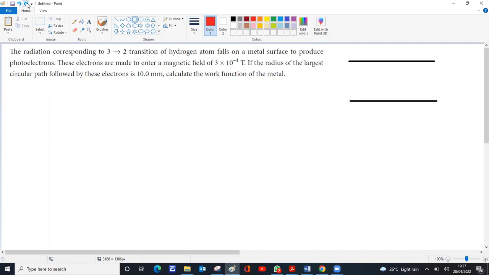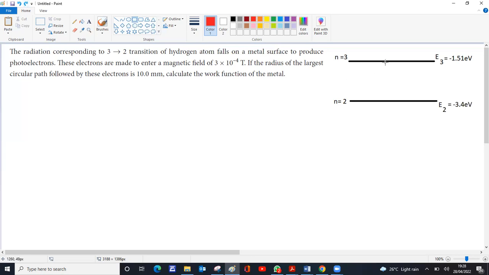This is level 3 and level 2, n equal to 3 and n equal to 2. The energy values are based on the hydrogen atom. En is minus 13.6 electron volt by n square. So E3 will be minus 13.6 by 9, which is minus 1.51 electron volt. E2 will be minus 13.6 electron volt by 4, which is minus 3.4 electron volt.